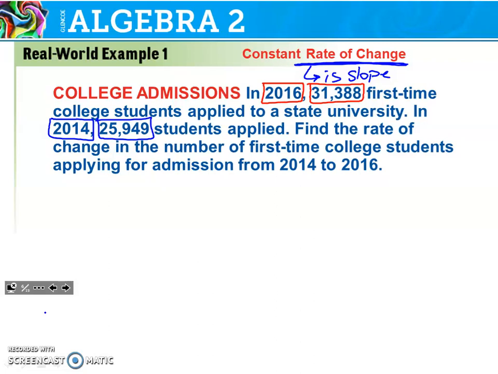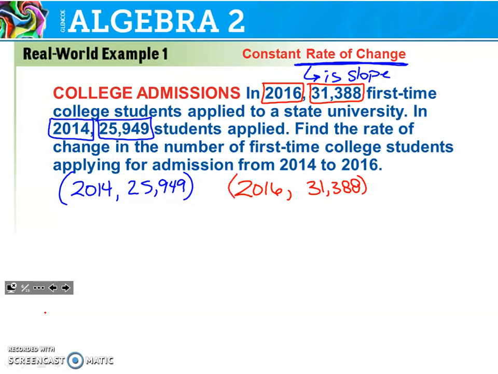When you are dealing with these problems, time is always your x value. Okay? Anytime you are dealing with time, that is your x value. So our 2 points are 2014, comma, 25,949. That's point 1. And then point 2 is 2016, comma, 31,388.